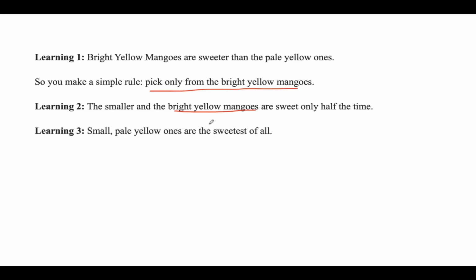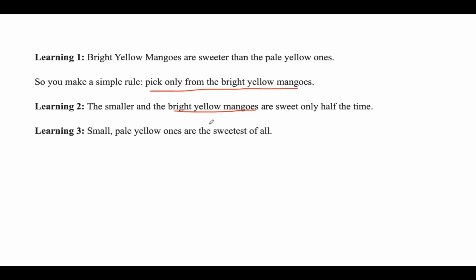Then learning three. Small pale yellow mangoes are the sweetest of all. So in experience three, what will you learn? Next time at the market, you see that your favorite vendor has gone out of town. You decide to buy from a different vendor who supplies mangoes grown in a different part of the country.